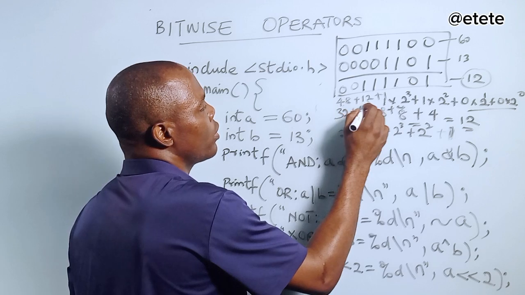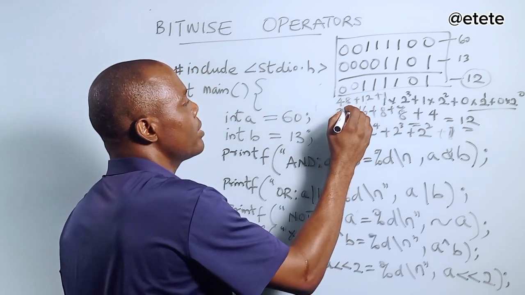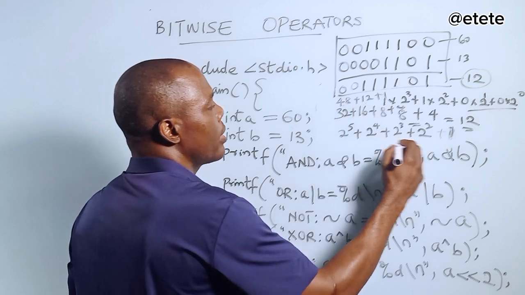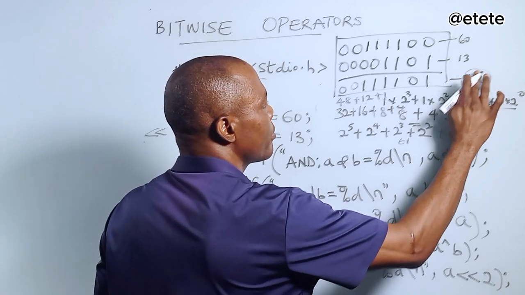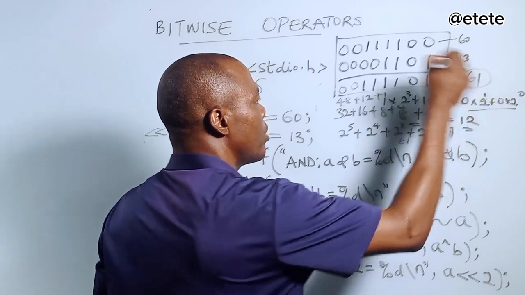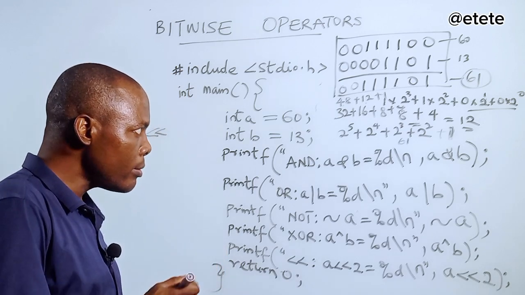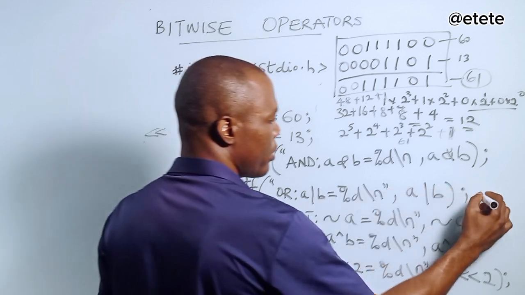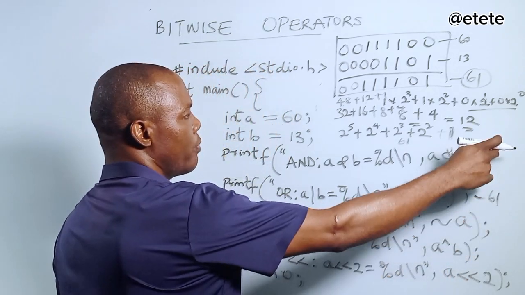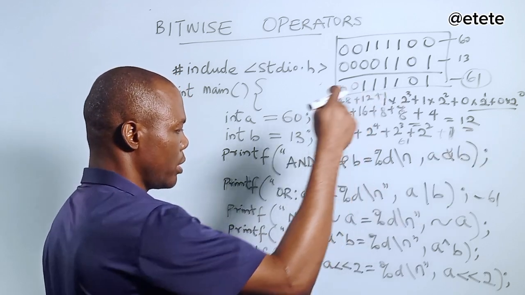So 48 plus 12 plus 1 will give us 61. So this one will give us 61. Right? So this will give us 61. This will give us 12. This will give us 61.